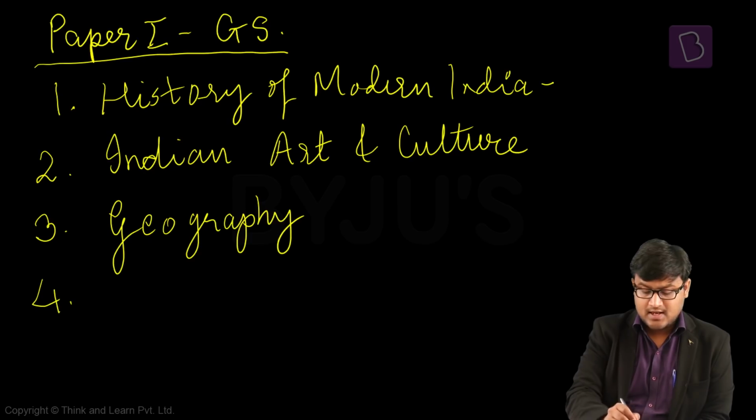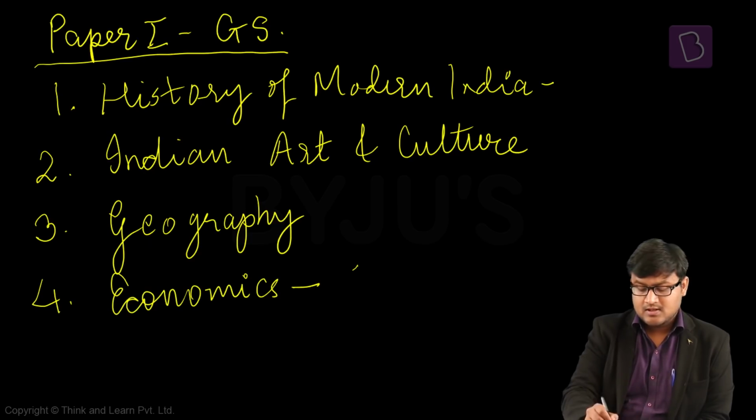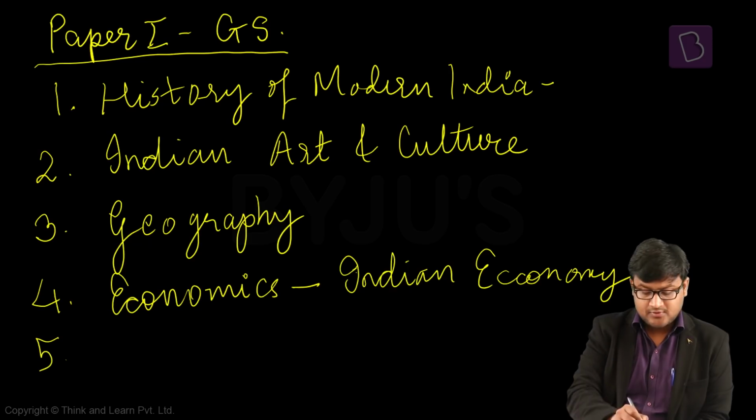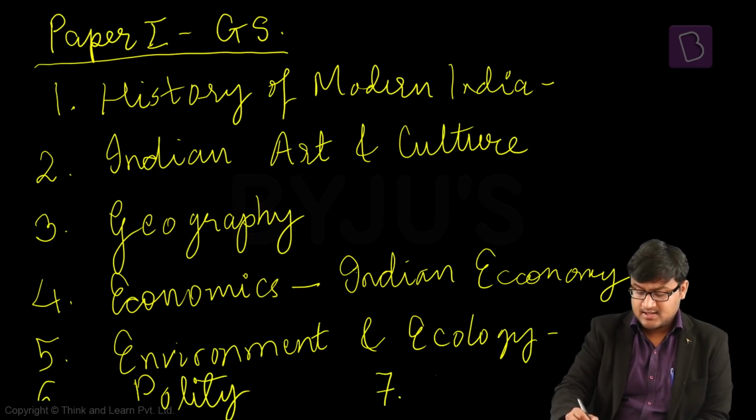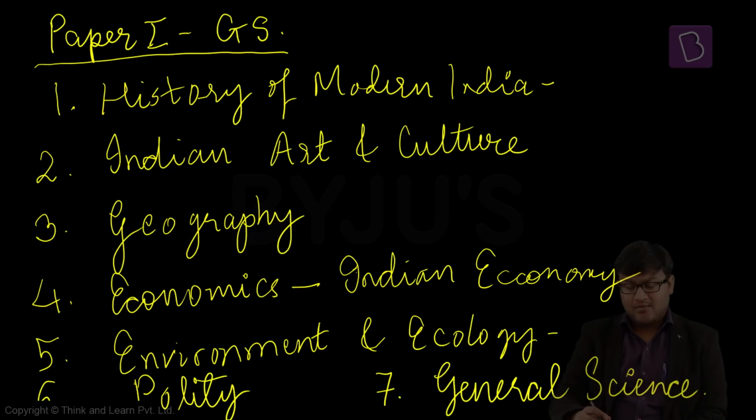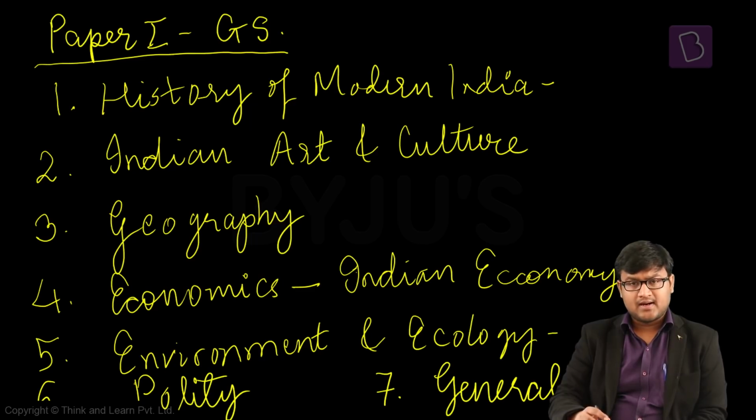Fourth is Economics. This is more of Indian economy. The fifth one is Environment and Ecology. Sixth one is Polity. And seventh one is General Science. Now we'll see one by one how we should prepare each of these subjects.